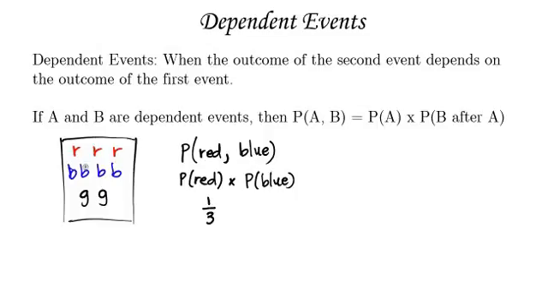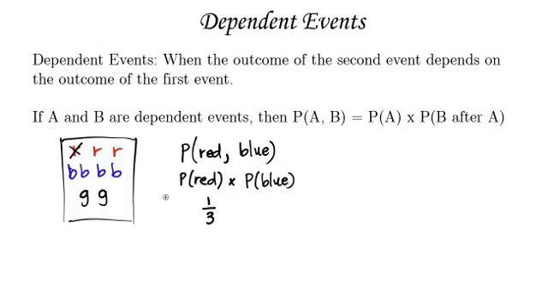Now, because this red is no longer there, we took it out. That's the first event. For the second event, since this marble was not replaced, it's left out, this is going to be different. So the probability of picking a blue: my desired outcome is the number of blue.